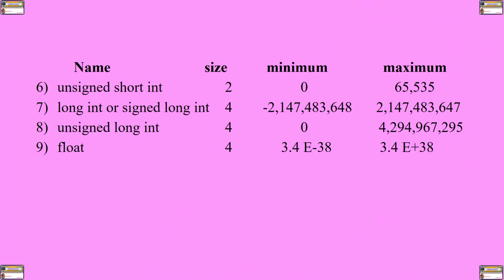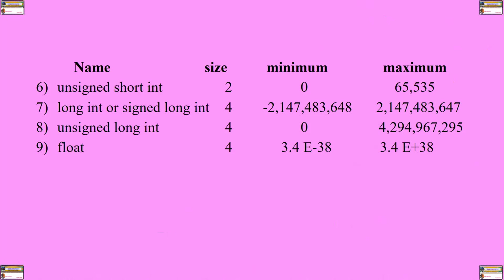You can see that those numbers can range from 3.4 raised to the power negative 38, that means very many decimal points on the negative side, to a maximum of 3.4 raised to the power positive 38. So that tells you that when you choose the float data type, it will allow numbers with decimal points.